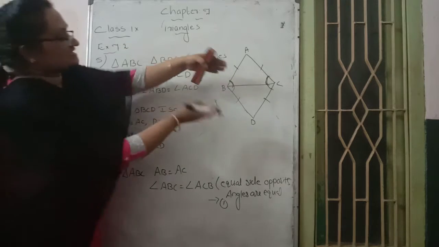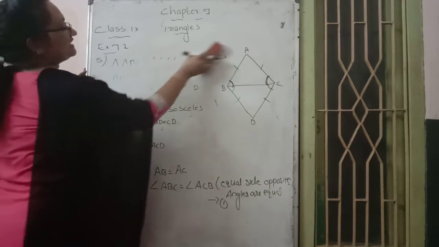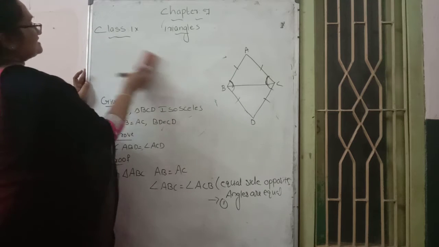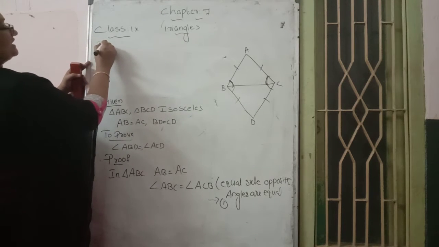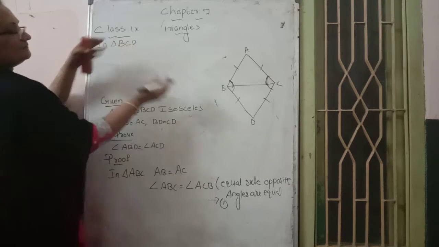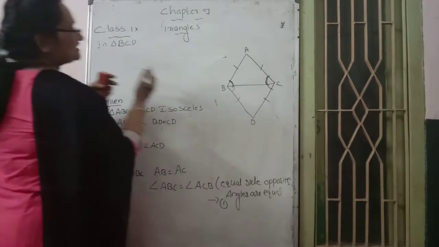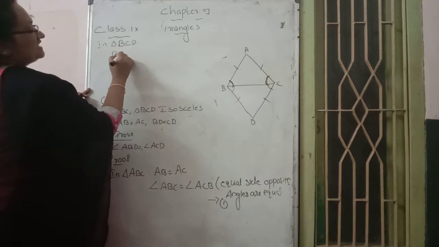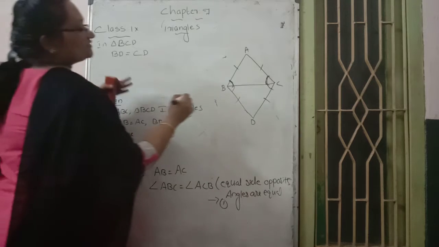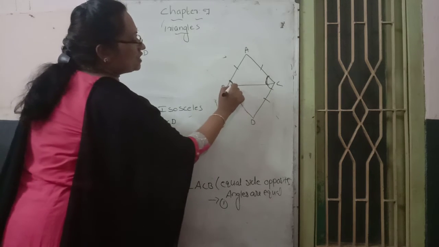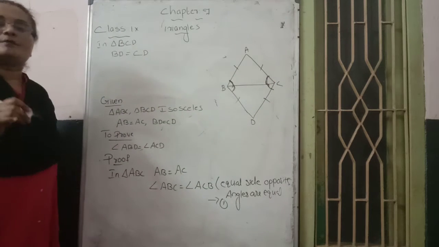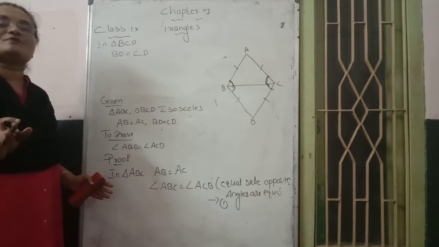Next we consider the second triangle, which is triangle BCD. In triangle BCD, which sides are equal? BD side is equal to CD side, as given in the question. With respect to the equal sides, which are the opposite angles? Angle B and angle C are opposite angles, and they also become equal.